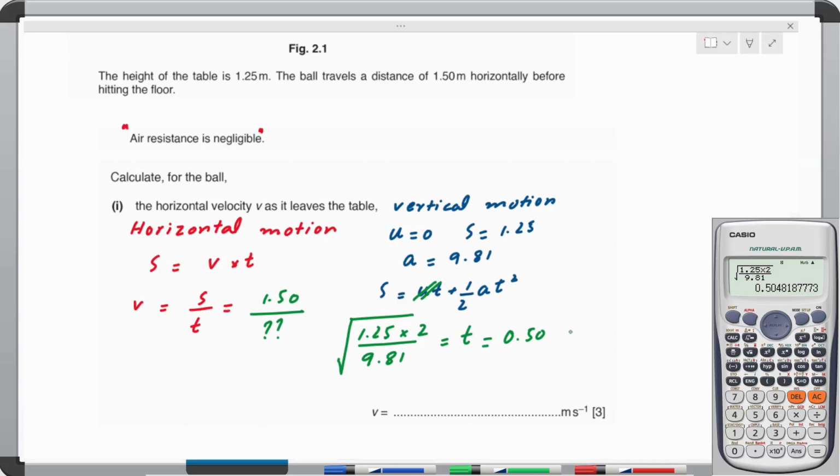Matter of fact, you should be carrying forward the answer, because this is not the final answer, so you don't need to round it off to 2SF or anything. Now we rewrite the formula. We have 1.50 divided by whatever the answer was previously. So we hit it on the calculator once again.